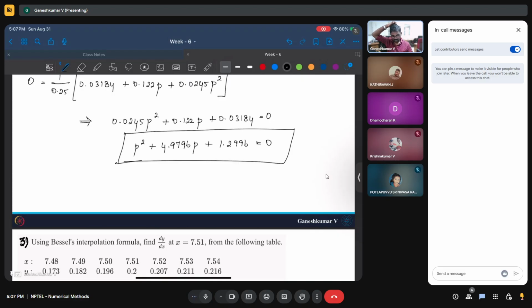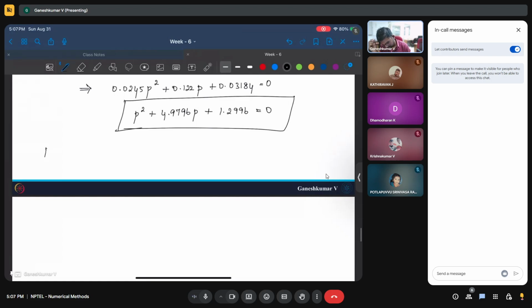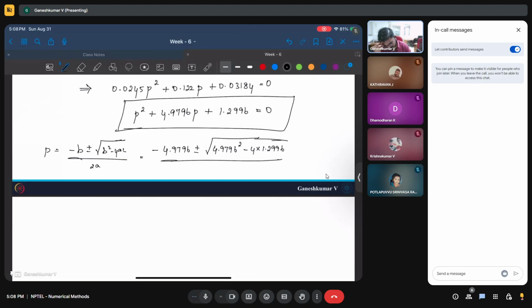Now what can we do to find the p? So there is this minus b plus or minus square root of b square minus 4ac divided by 2a, right? We can do that. So that is going to be minus 4.9796 plus or minus square root of 4.9796 square minus 4 into 1.2996, divided by 2.